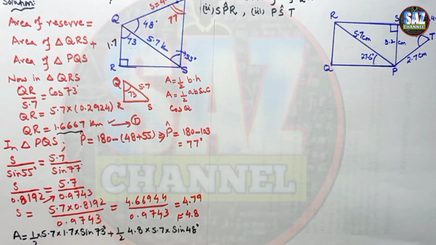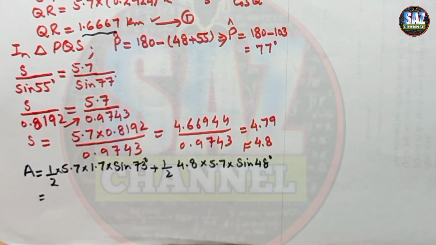And now I have to perform the calculation. Sine 73 gives me 0.9563 multiplied by 1.7 multiplied by 5.7, and this answer I have to divide by 2.